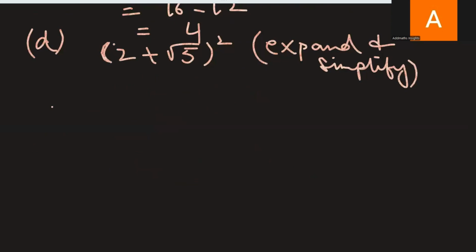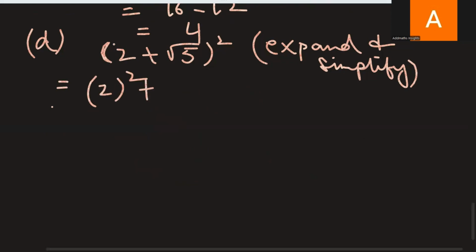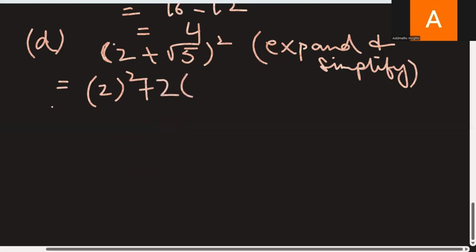So you know the identity, it is equal to a squared plus 2ab plus b squared. So you can apply it.